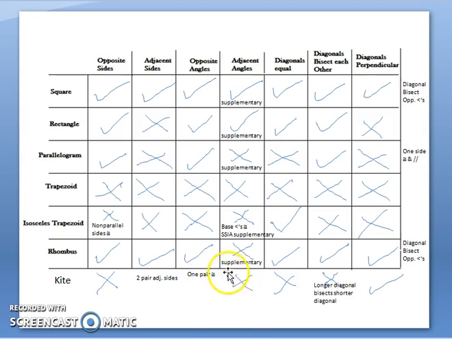Adjacent angles, no, they are not going to be congruent. Are their diagonals equal? No, they are not. Do they bisect each other? They do not bisect each other, but the longer diagonal will bisect the shorter diagonal. And are the diagonals perpendicular? Do they meet at a 90-degree angle? Yes, they do. All right, and we are done with our quadrilaterals.